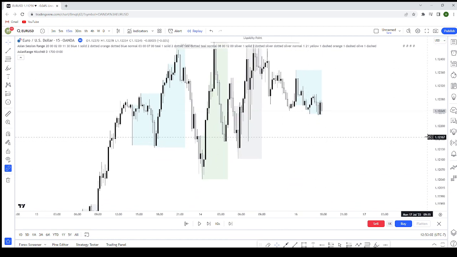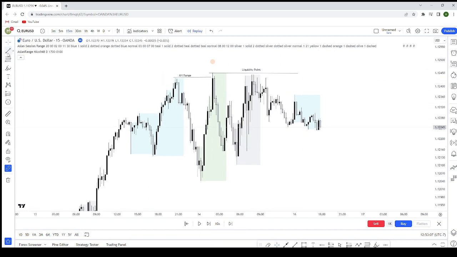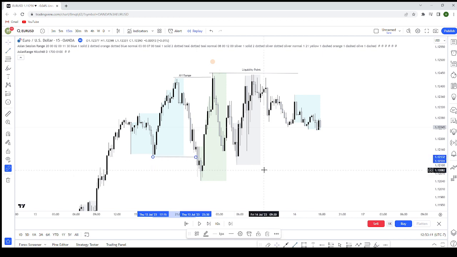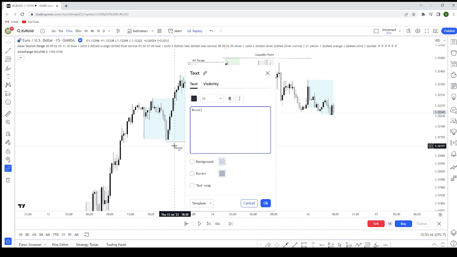So if we're just looking back at the markets, we're going to see this break of structure right here.